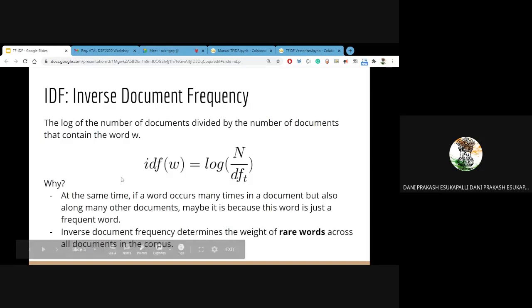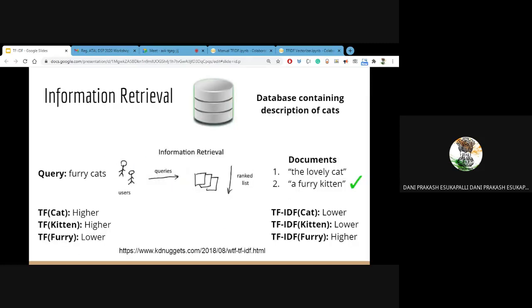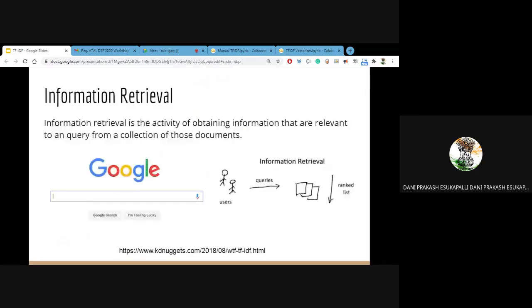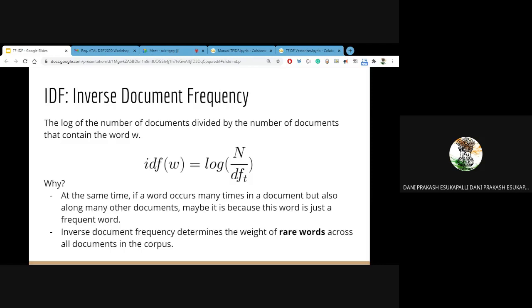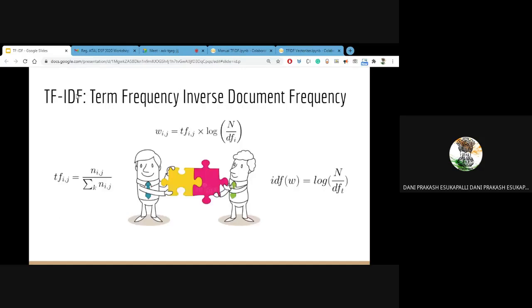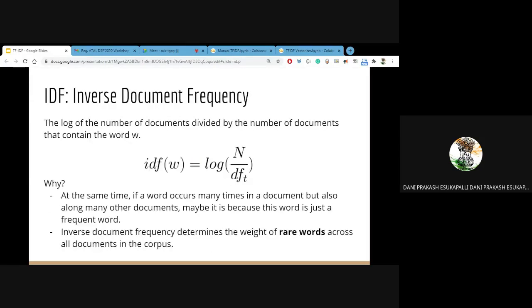If you want to take out the keywords from a paragraph or text, some words are repeatedly present in the paragraph, so the term frequency will be high, but they may not be the important words. So in order to catch the important words, we combine term frequency and inverse document frequency.